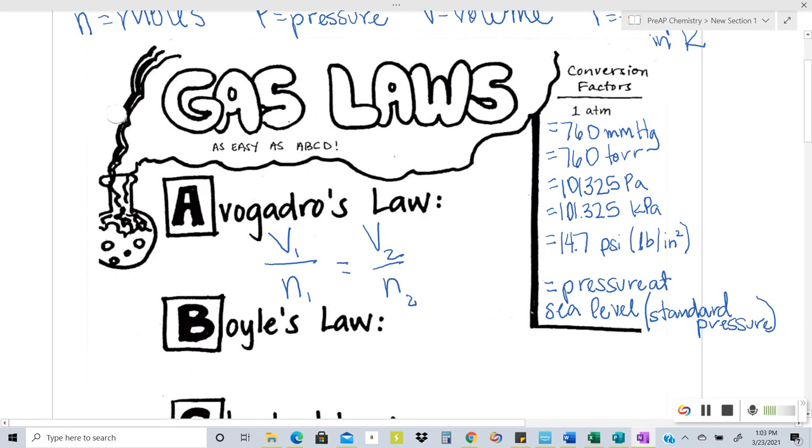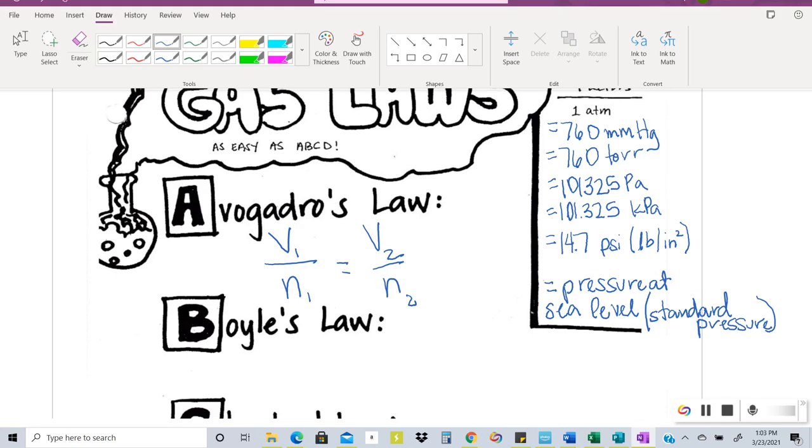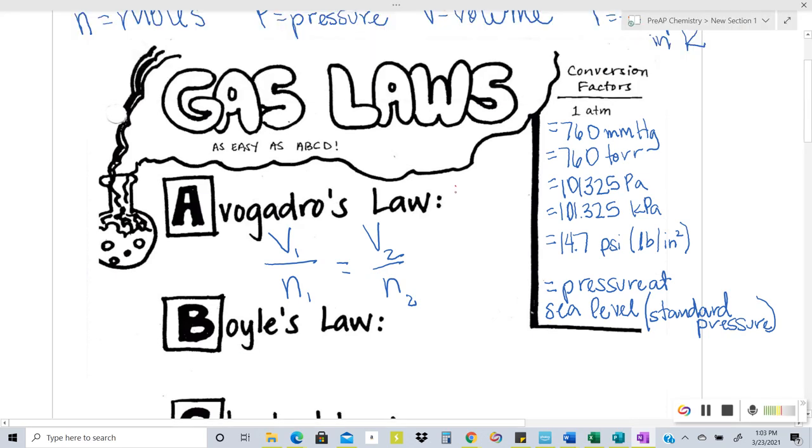So hopefully you remember from your Pogil, this is a direct relationship. I do want you to make sure you write that down. That means if one goes up, so does the other one.